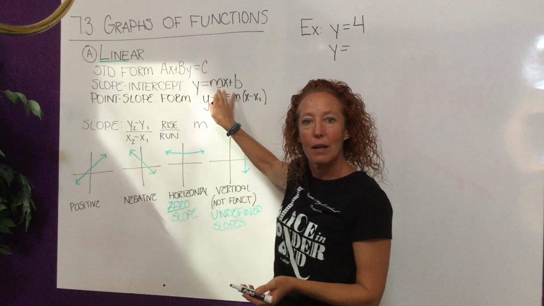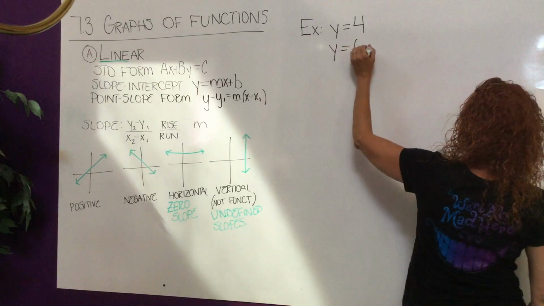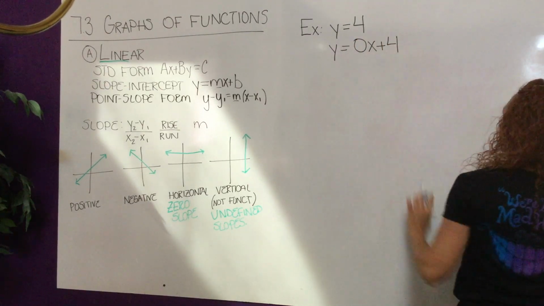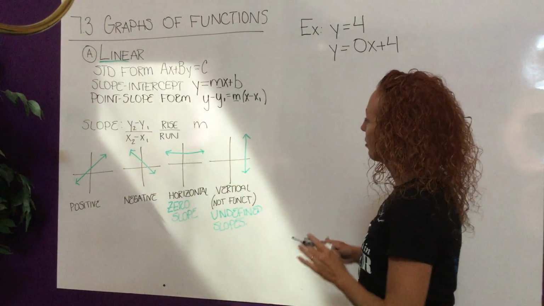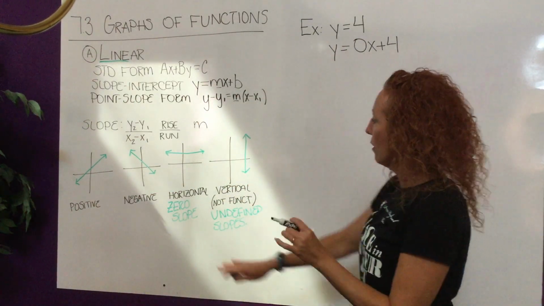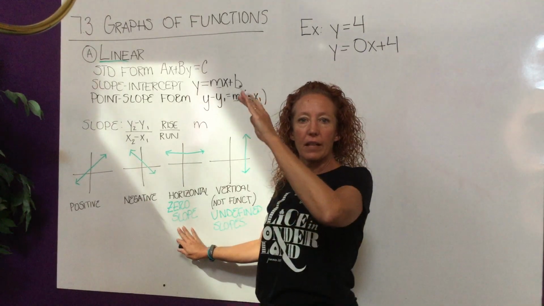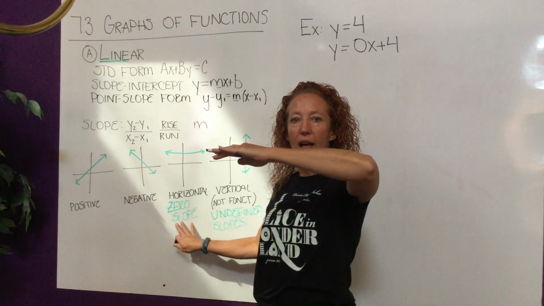And so what number, again, means nothing, 0. So it's almost as if you have no slope. Well, when you look at which graph has no slope, it's going to be a flat horizontal line. It doesn't slant up, it doesn't slant down, it just stays flat.